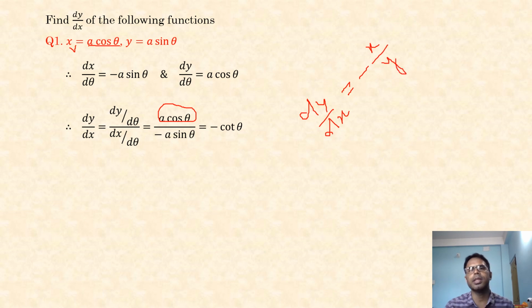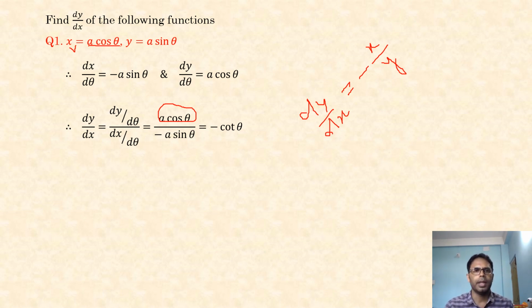So dy/dx = -x/y can also be the answer of the same problem. But this problem is remaining in theta, so it is better to keep theta, but if the proof is asked, then you will have to write in this system.